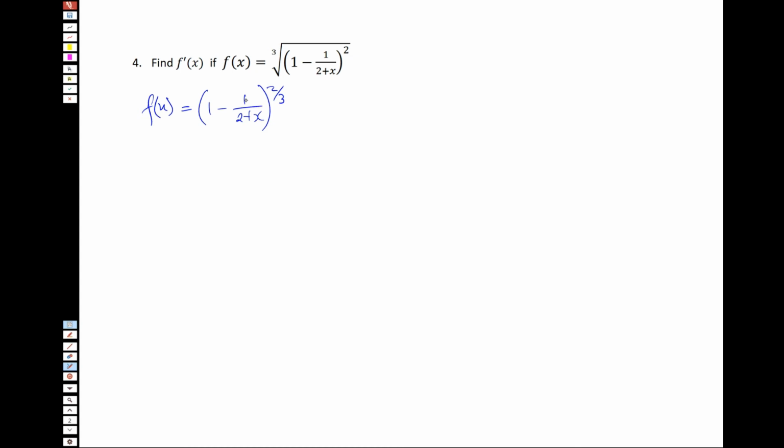Now what I'm going to do is to rewrite what is inside this function such that it ends up with a single denominator. So basically what I'll end up with here is 2 plus x minus 1 over 2 plus x, all this to the power 2 over 3.